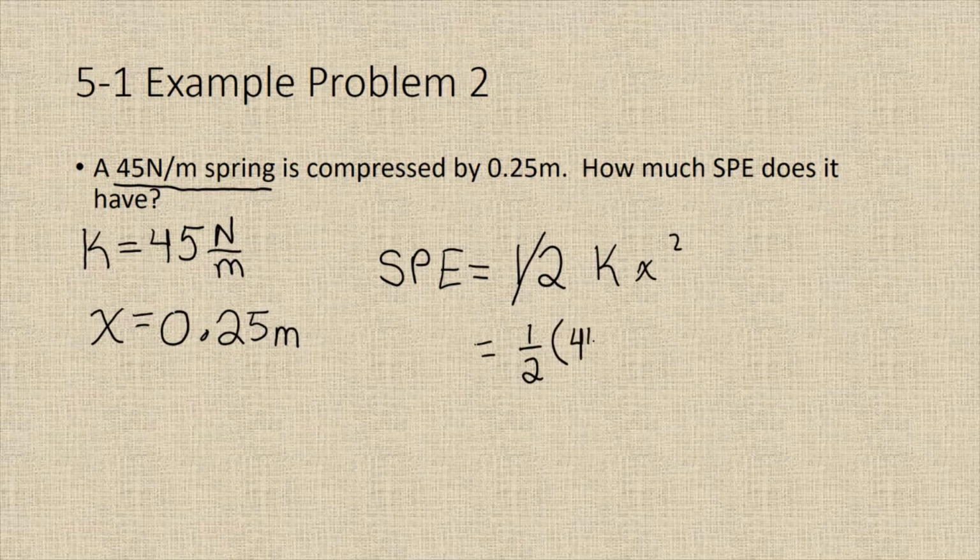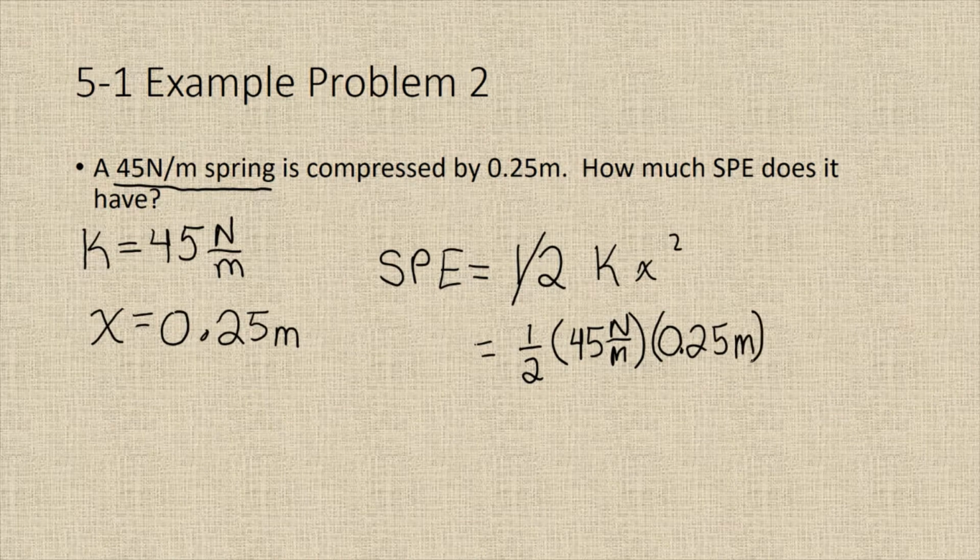So 1/2 of 45 newtons per meter times 0.25 meters squared. Now make sure you do the square first. So 0.25 squared will give you 0.0625.